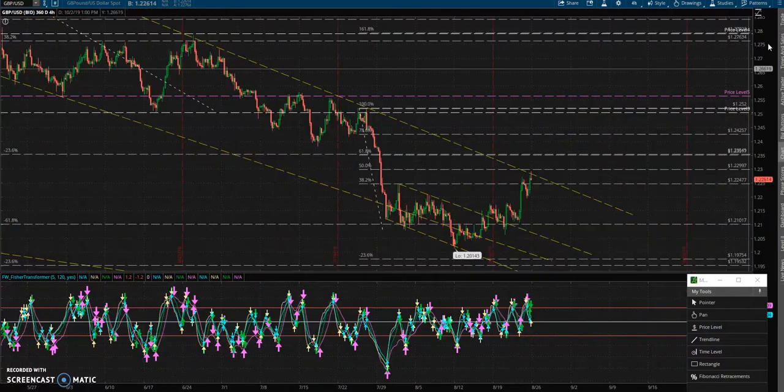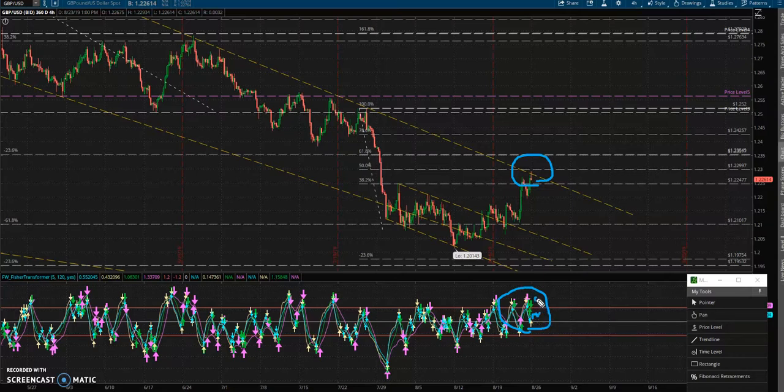So the next one is the pound dollar, and you can see that it's actually making its way nice right up to this trend line, 50% retracement, and not too much on the Fisher transformer, kind of just in the middle a little bit.